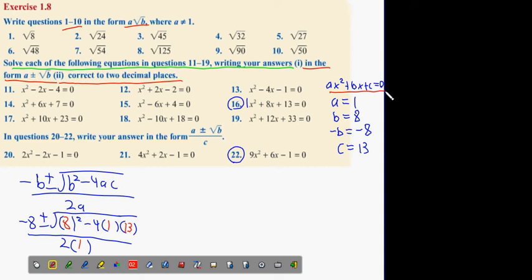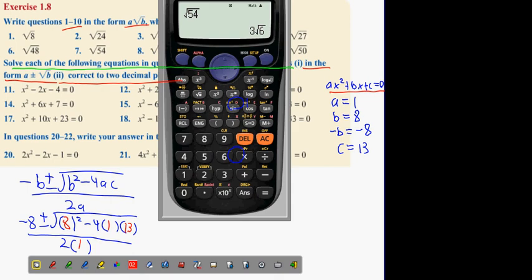Now guys, upon completion of this, you go to your calculator, and the only part you're going to do is this part here that I'm circling in green. That's the part I want you to do in your calculator, on the square root.